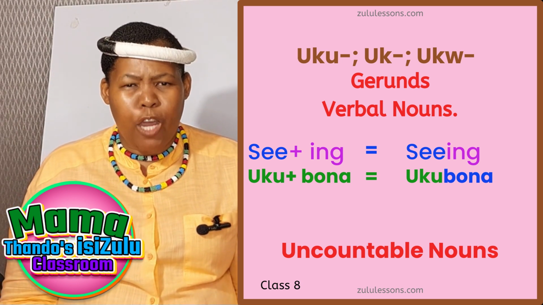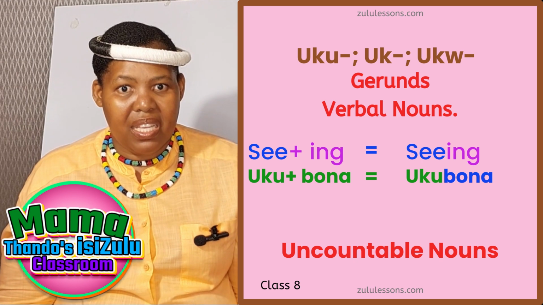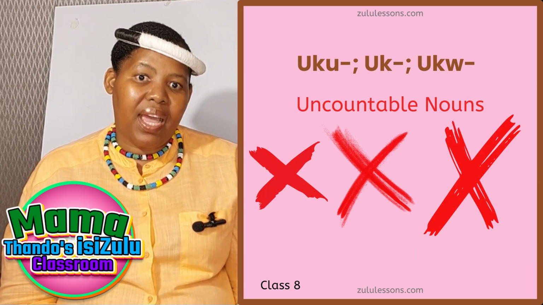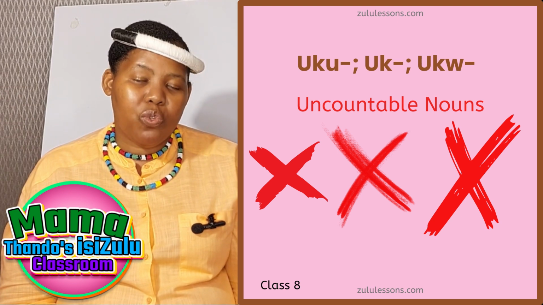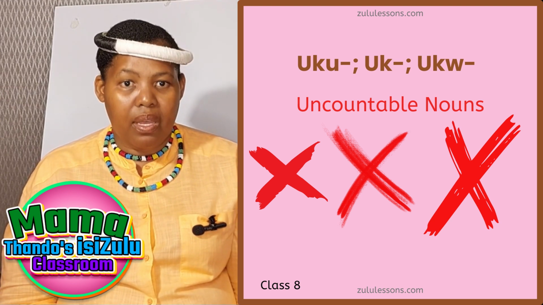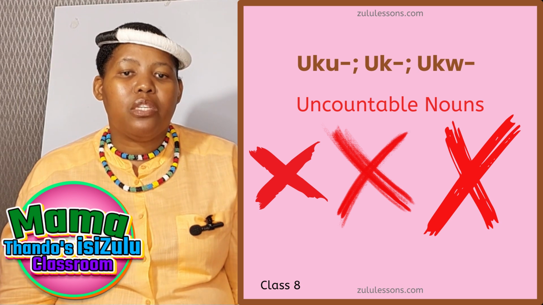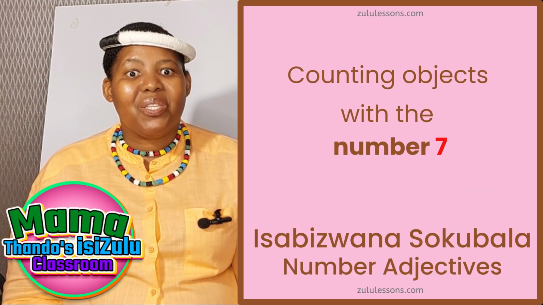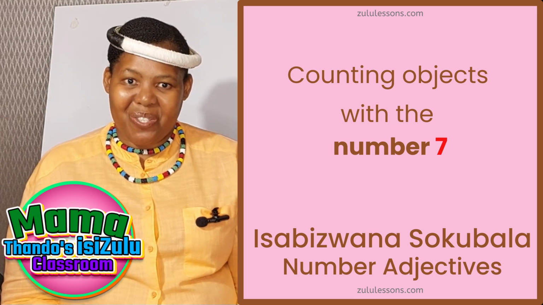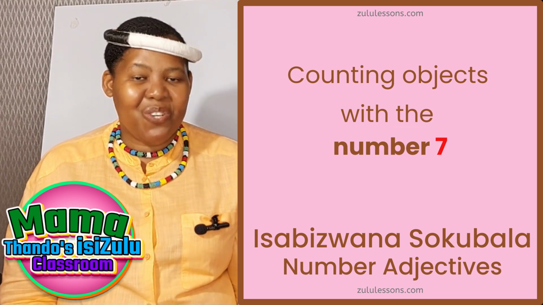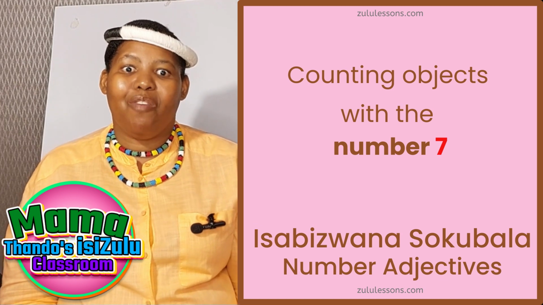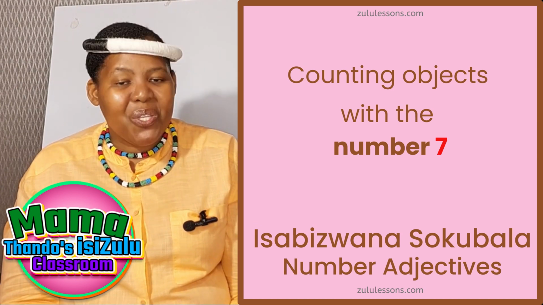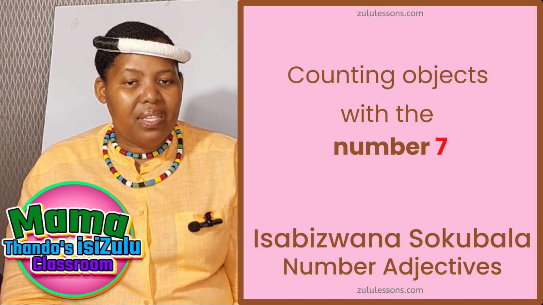We cannot count seeing. And so we cannot count nouns that start with those prefixes UK, UKU, and UKW. Well, mngani, what you can count though are all the other groupings of nouns that we have looked at. And now you know how to count them using the number 7.